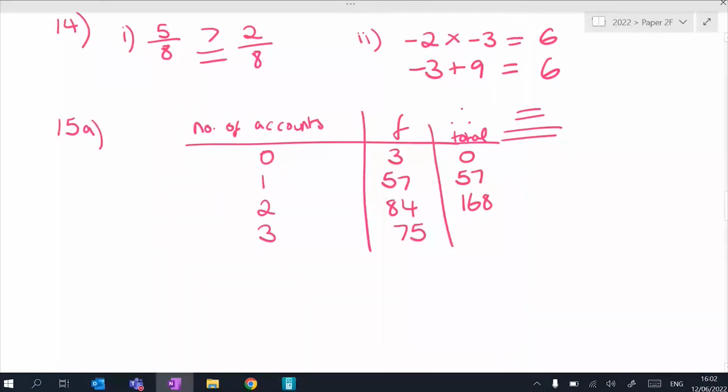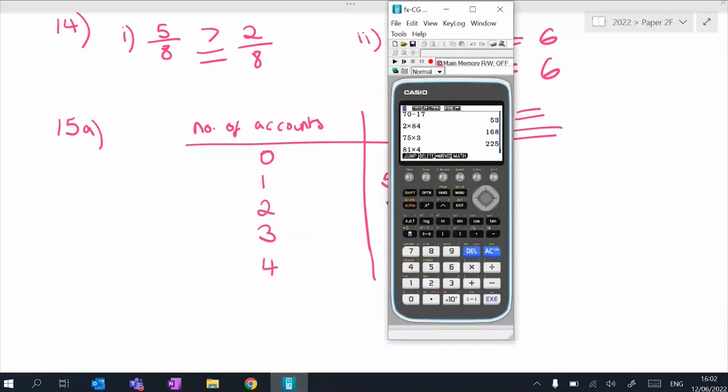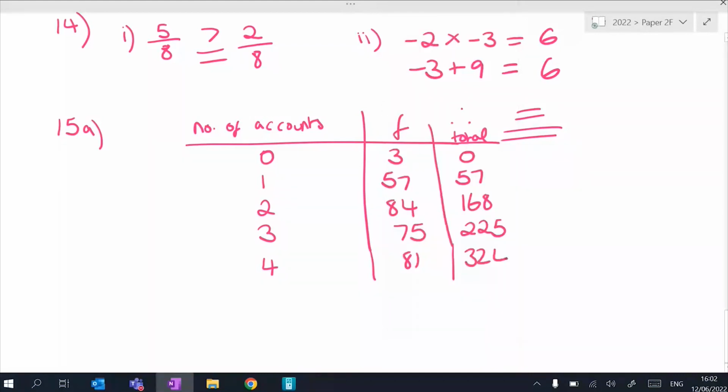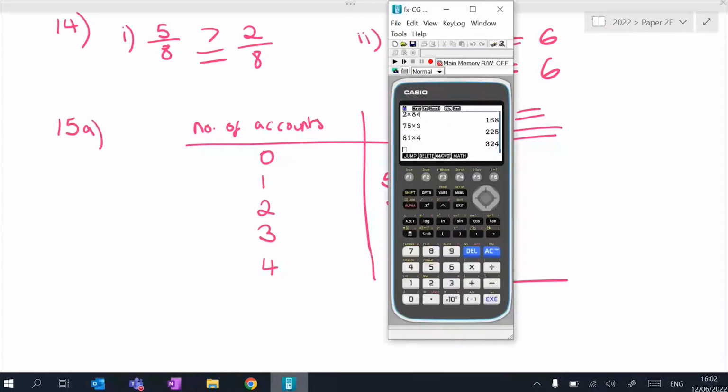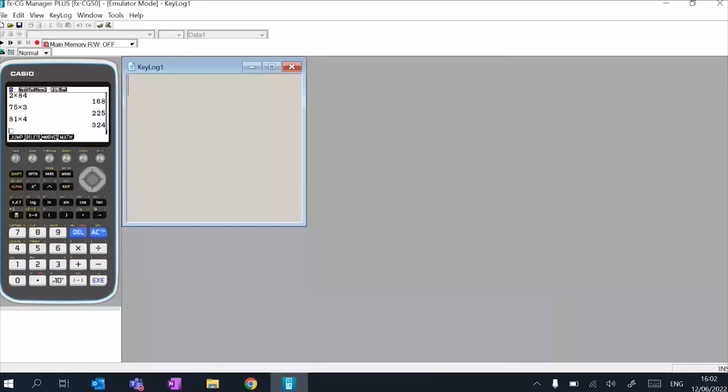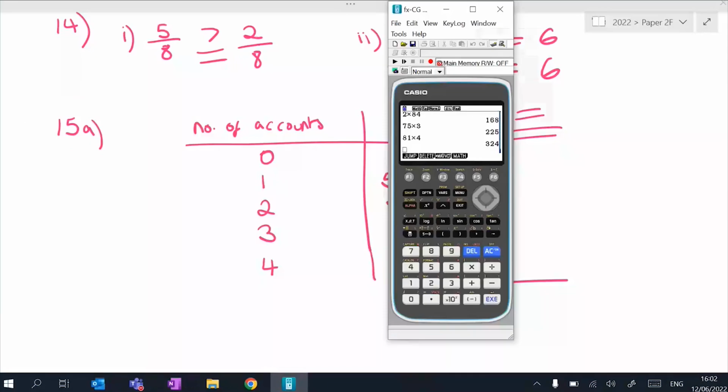I've then got 3 and 75, so 75 people have 3 accounts. So altogether, if I multiply those, it gives me 225 accounts. Then 81 people have 4 accounts. So altogether, that gives me 324 accounts. Okay, I can then add all of those up to work out my total accounts altogether.